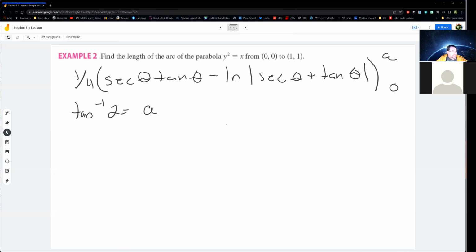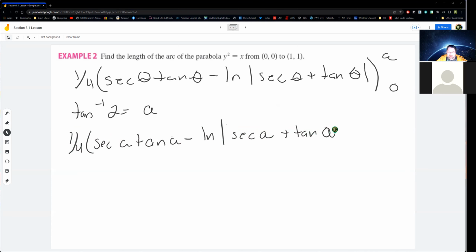So if I plug in, I have the 1/4 out in front. We have secant of A times tangent of A minus ln of secant of A plus tangent of A. And at zero, secant of 0 is 0 and tangent of 0 is 0, so those are all gone.